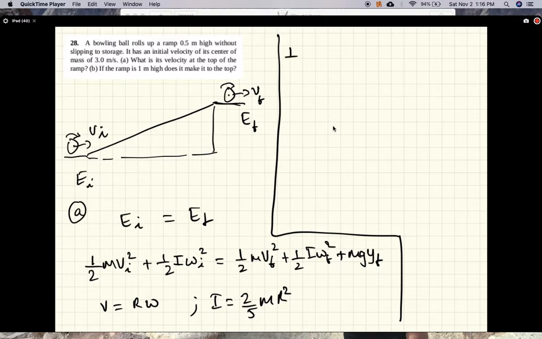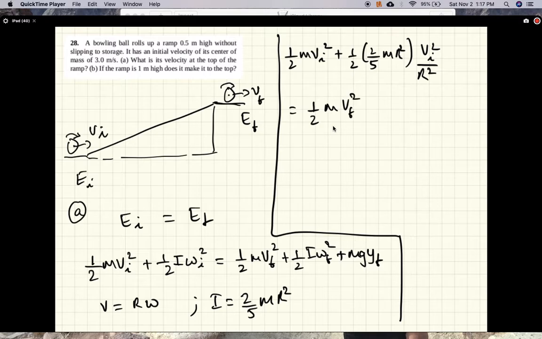So this equation becomes 1/2 m v i squared plus 1/2 times I, which is 2/5 m r squared, times omega i, which is v i squared by r squared, and that's equal to 1/2 m v final squared plus 1/2 times 2/5 m r squared times v final squared over r squared plus m g y final.